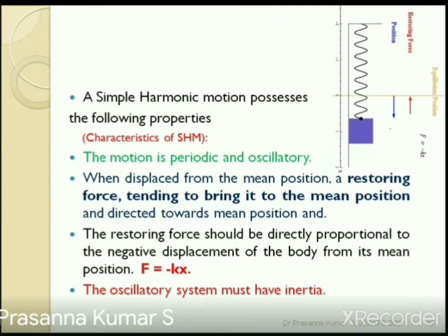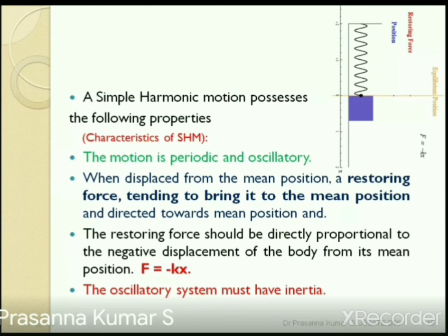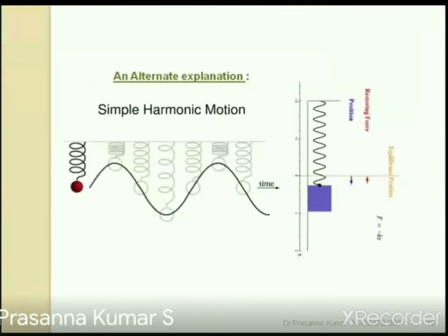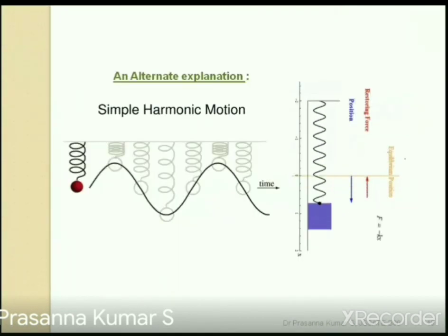Coming to the characteristics of simple harmonic motion, I told you that it is periodic and oscillatory. There is the swinging of a spring, this one. Look at this diagram.